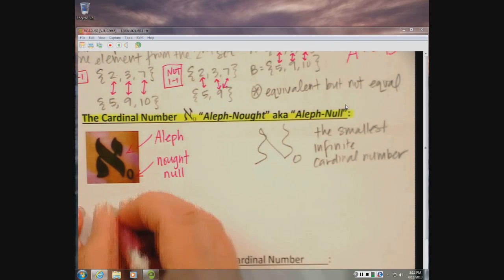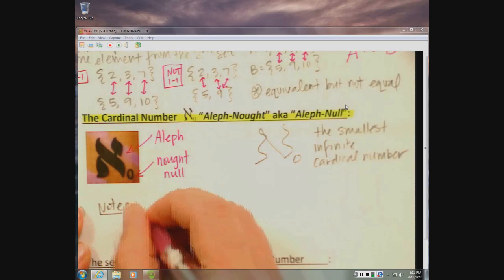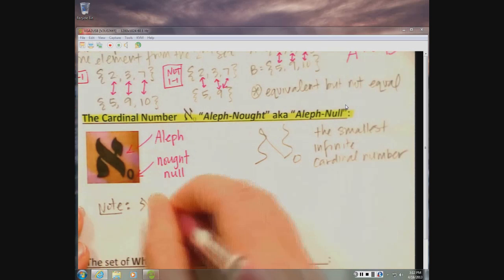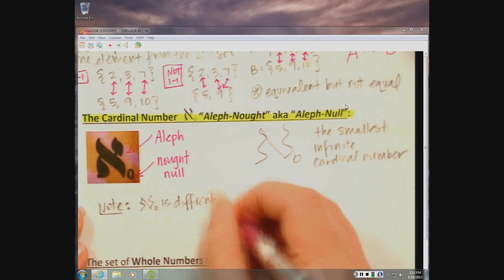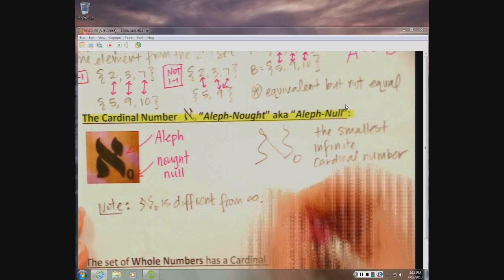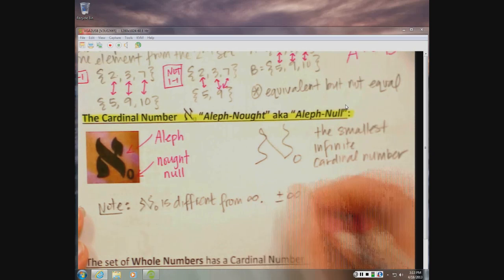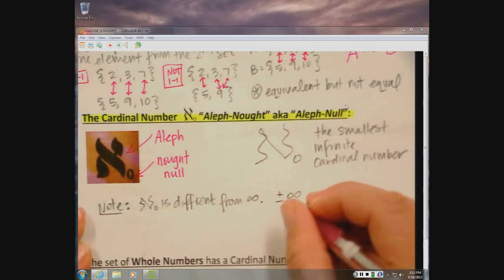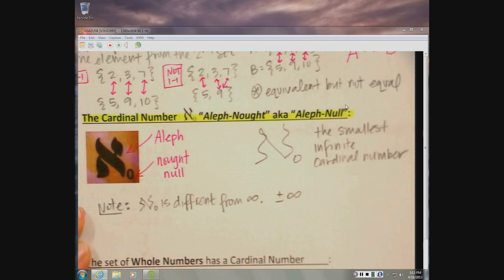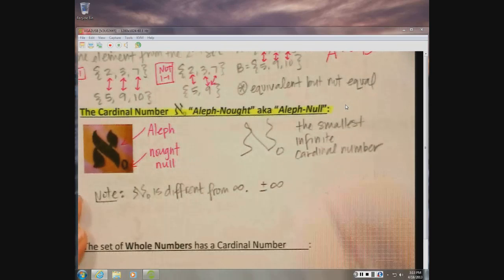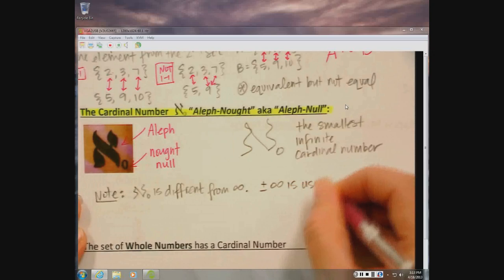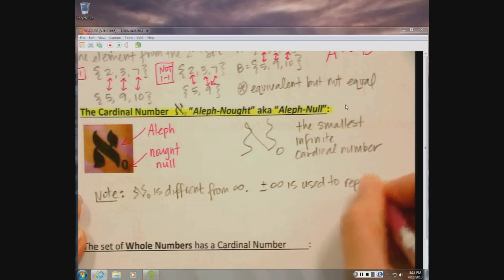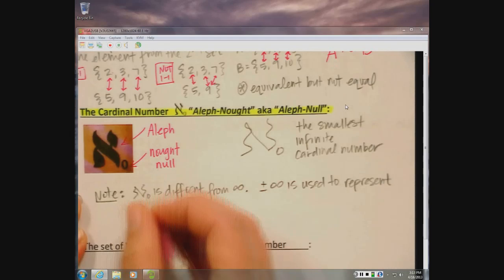So we're going to write a little note here. Aleph naught is different from infinity. When we talk about positive or negative infinity, it is used to represent the extreme values of the number line.